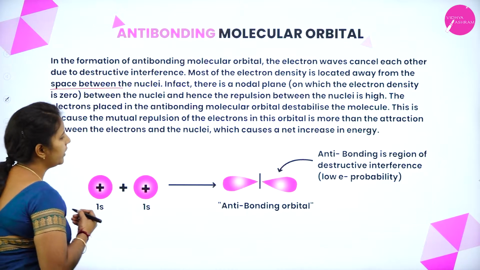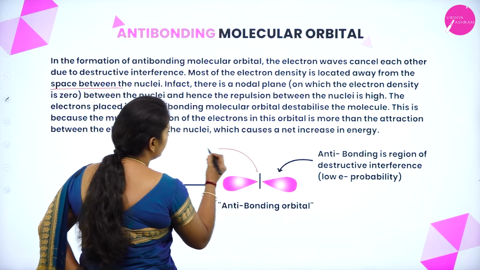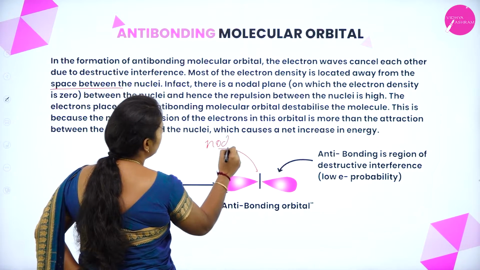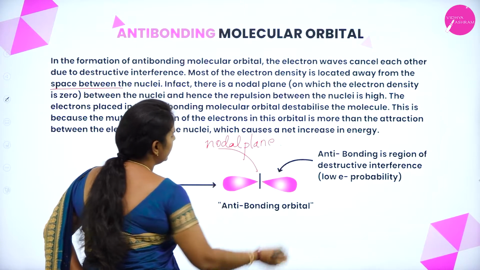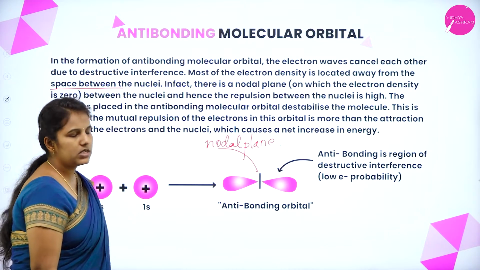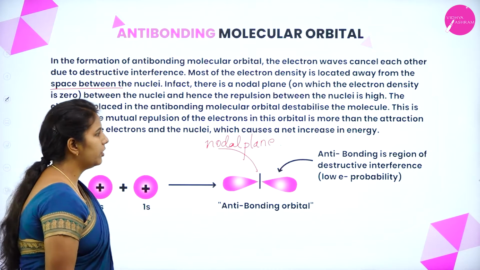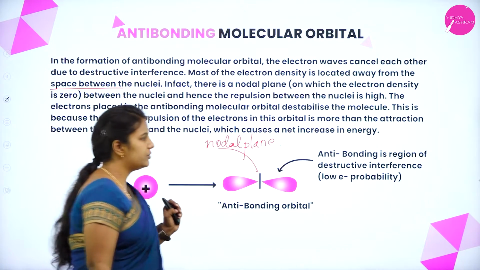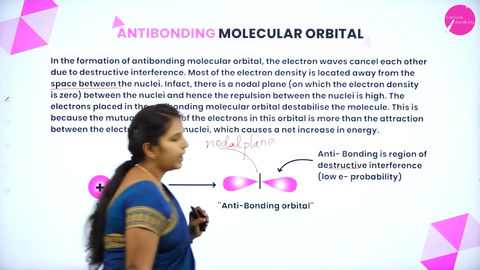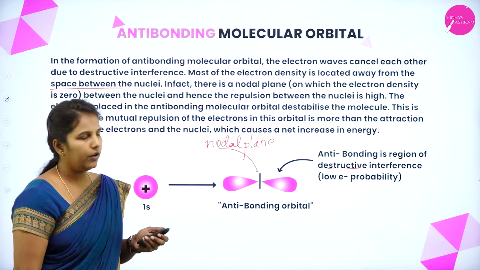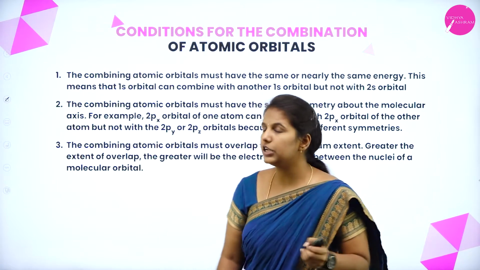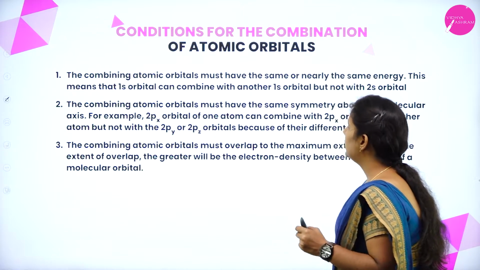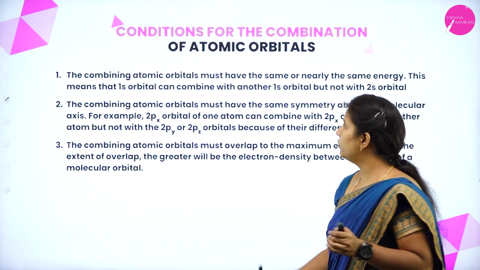So this is known as a nodal plane. Okay, this is a nodal plane where electron waves cancel each other and result in the formation of antibonding regions. This is mainly due to destructive interference.